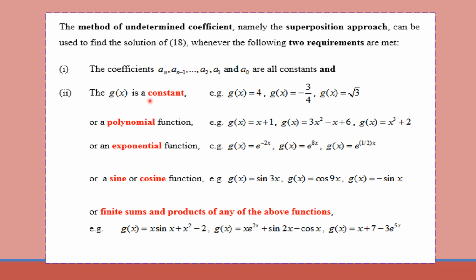g(x) has to be a constant, for example g(x) equals 4, or g(x) is a polynomial function, for example a linear, quadratic, or cubic function, or g(x) is an exponential function, for example g(x) equals e to the negative 2x, or g(x) is a sine or cosine function, for example g(x) is sine 3x or cosine 9x, or g(x) is a finite sum or product of any of the above functions. For example, g(x) is a product of a linear and a sine function added with a quadratic function.